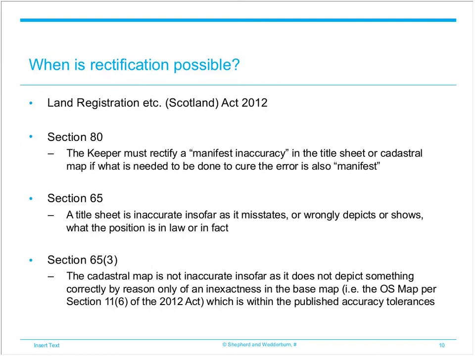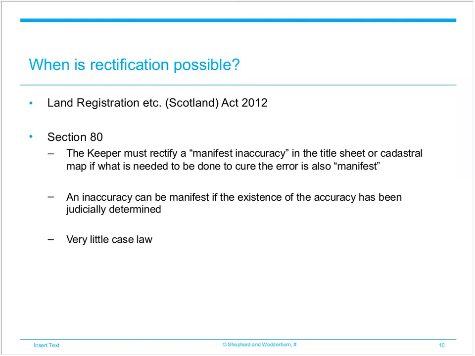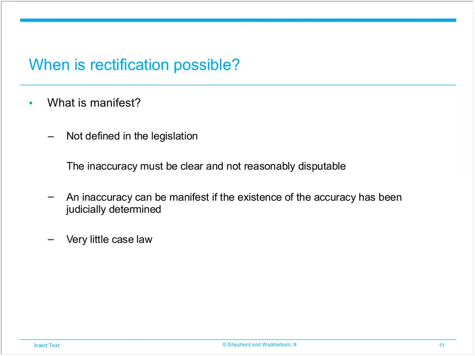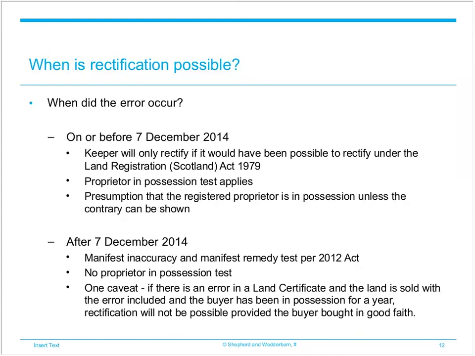And as we discussed in part 1 of the webinar, the published accuracy tolerance for rural maps is 1 metre. The inaccuracy must be clear and not reasonably disputable. What that really means is that the inaccuracy shouldn't really be in doubt. And an inaccuracy can be manifest if it's been determined judicially.